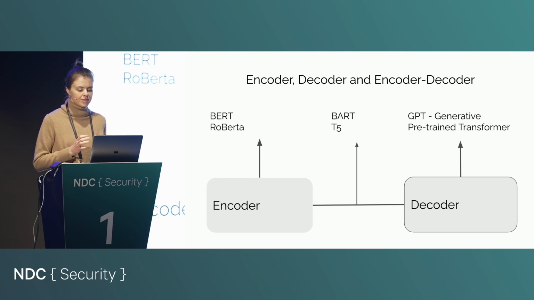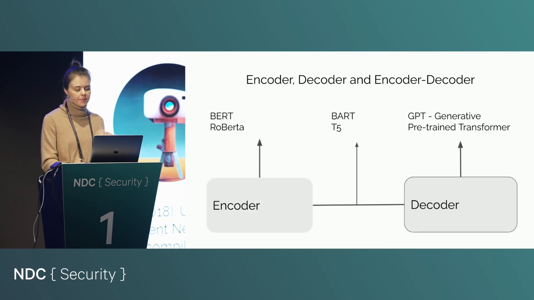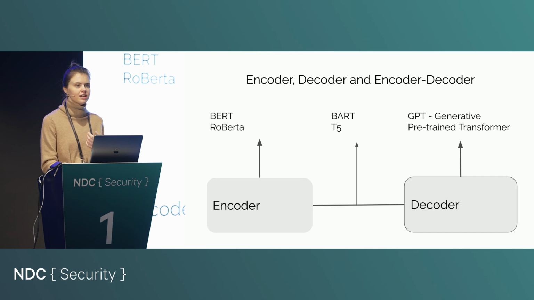And then there are, of course, the models that are both encoder and decoder, and these are mostly used for sequence-to-sequence tasks, which brings us back to our original question that we were trying to answer before we went on this detour: whether we can use this encoder-decoder architecture to not only translate between pairs of natural languages, but to also translate between source code and assembly.